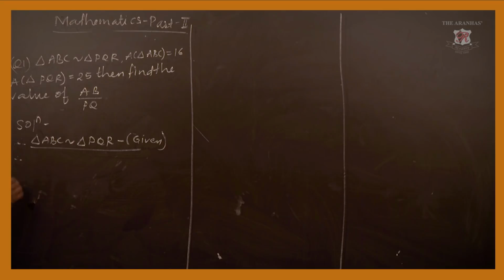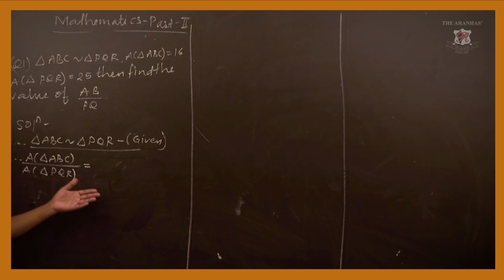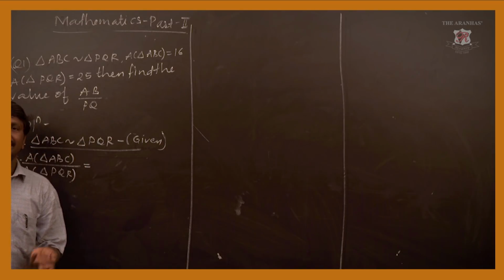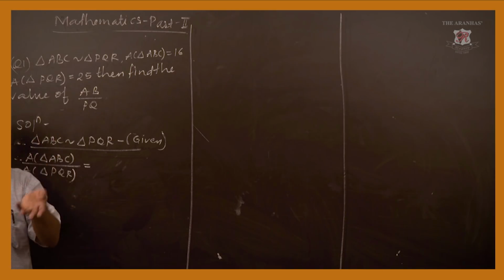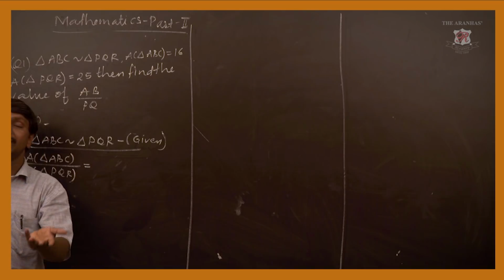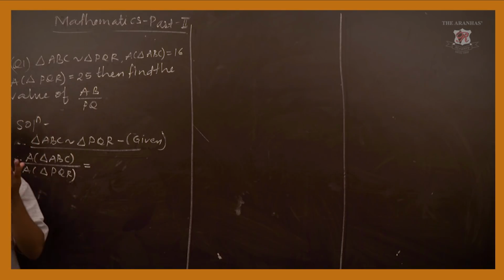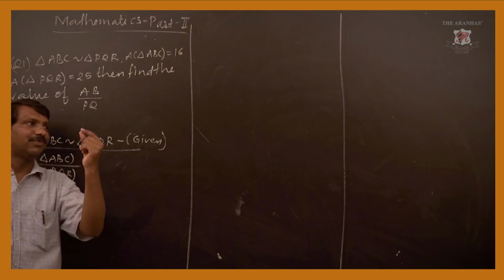So immediately, according to the given correspondence, triangle ABC is similar to triangle PQR, we'll compare its area. So here we have area of triangle ABC upon area of triangle PQR, which equals what we studied in the previous part and today also: A1 upon A2 equals H1 squared upon H2 squared, as well as M1 squared upon M2 squared, and as well as P1 squared upon P2 squared. Always revise this concept, so it will be easy to understand.